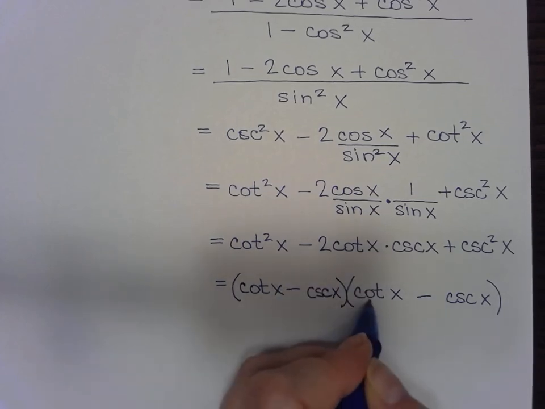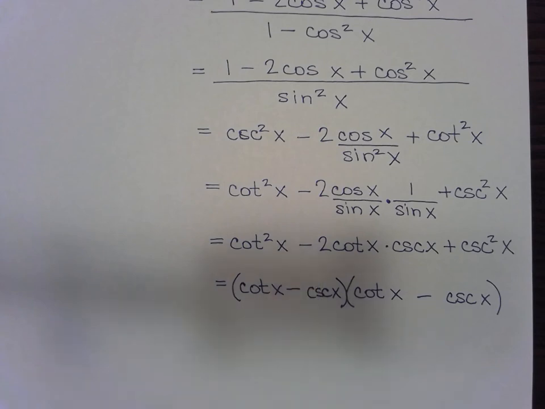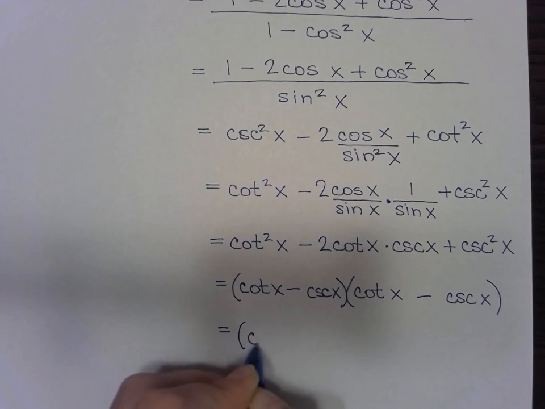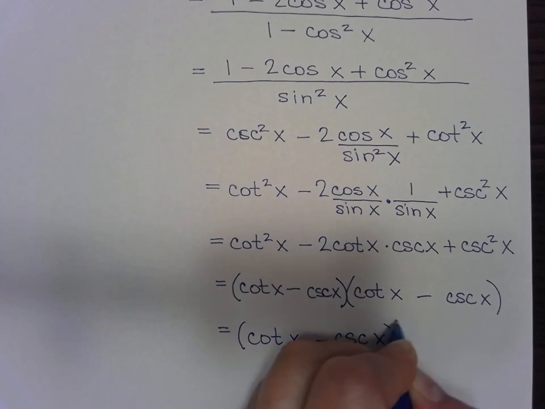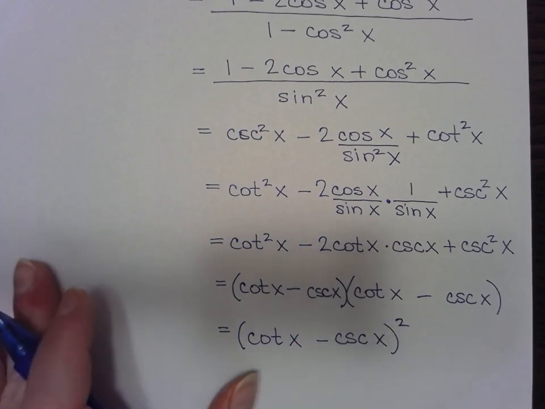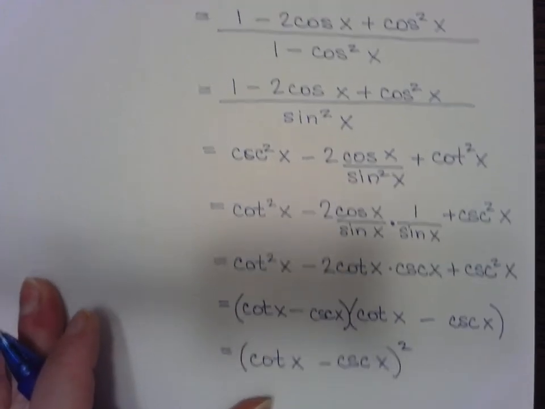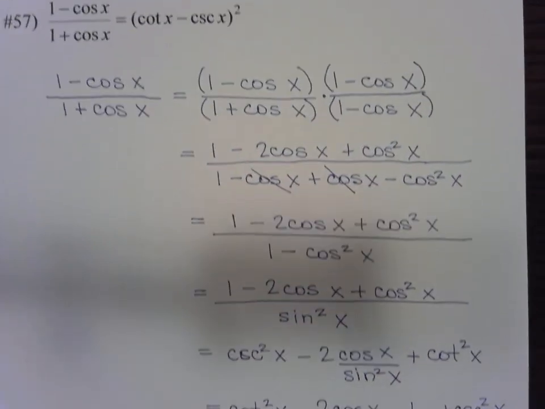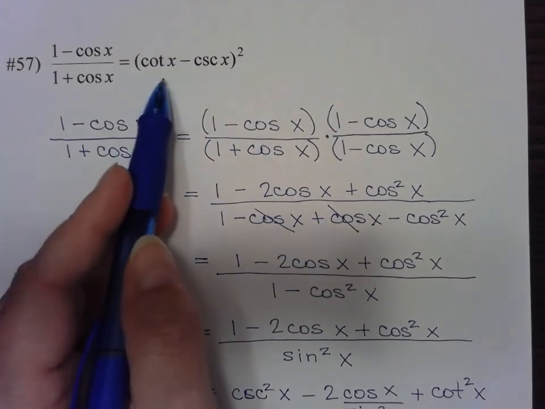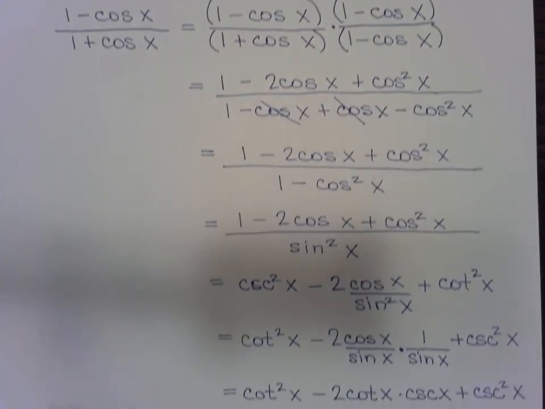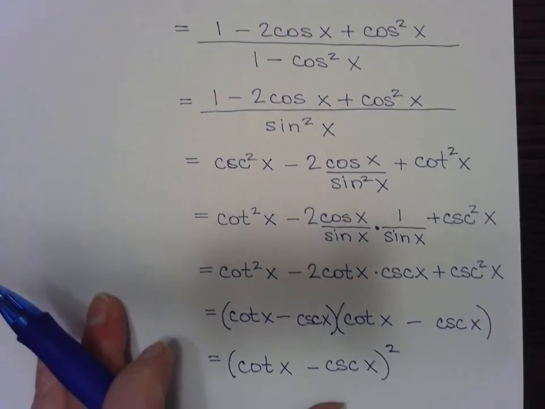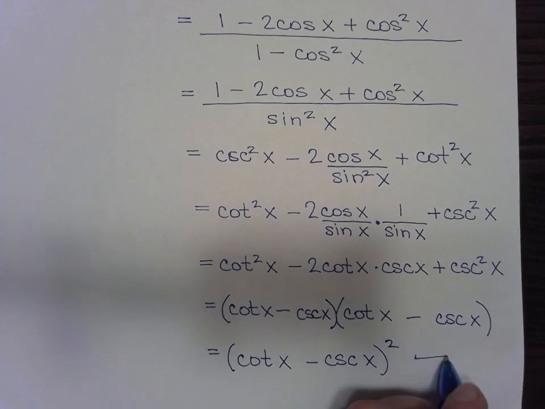And then same thing here. And so that'll go together to make 2 in the middle. Since they're the same, I can write them as the cotangent of x minus the cosecant of x squared. And this problem went a little long, but if I scroll all the way back up to the top, that's what I was trying to prove. Right? So we're good.